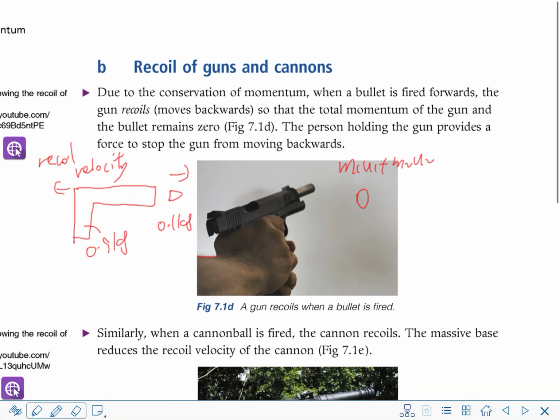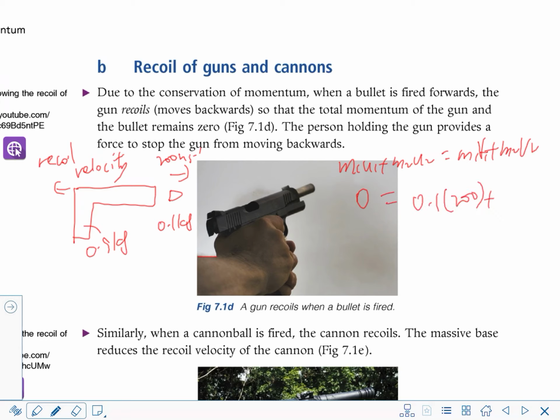After shooting, what is the total momentum? Say the bullet has a speed of 200 m/s. So it will be m1v1 plus m2v2, which is 0.1 times 200 plus 0.9 v2.